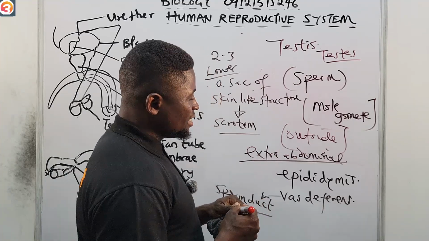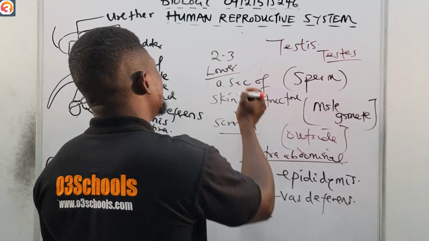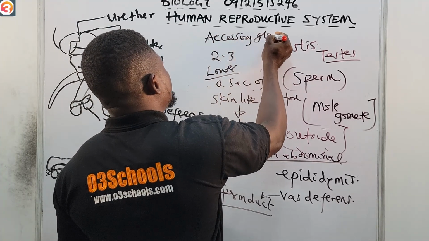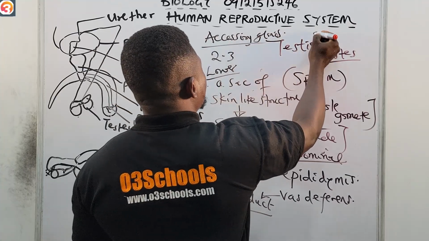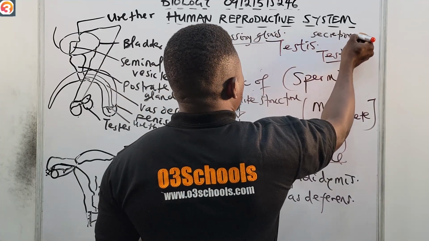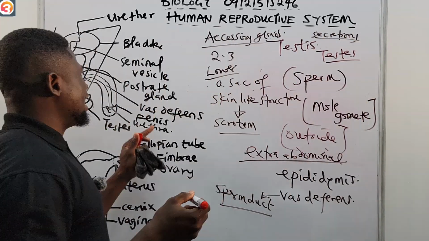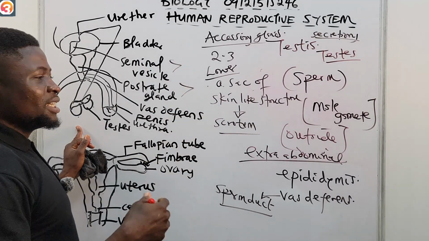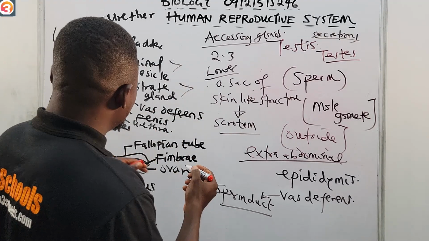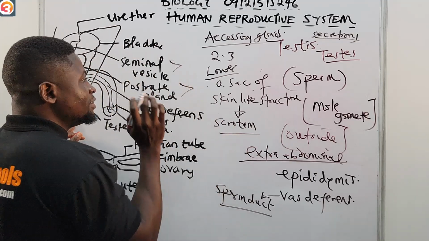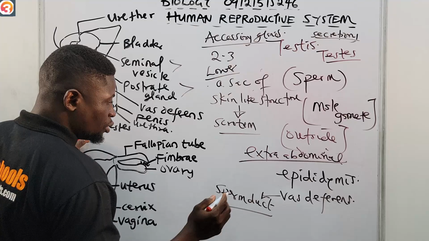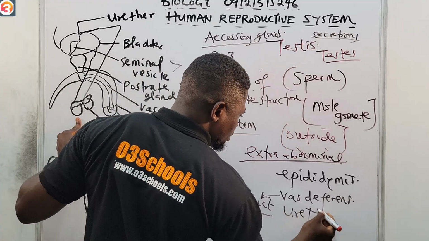Now, on the way, it receives secretions from accessory glands, such as the seminal vesicle, the prostate gland, and also the urethral gland.